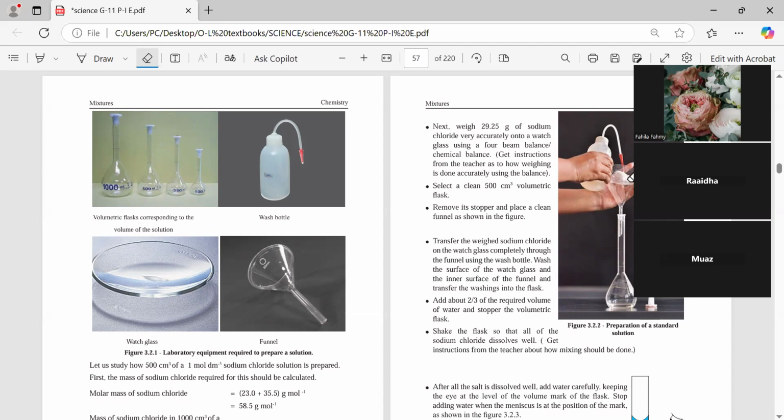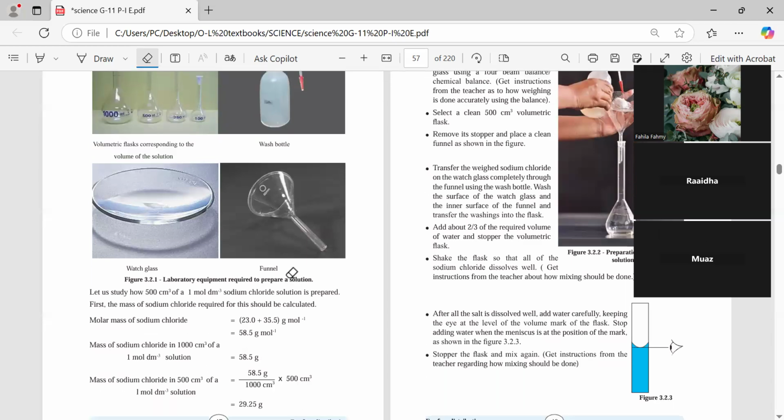When we are adding the particular powder, maybe sodium chloride, you're supposed to wash it with the solution you are filling it up with, or else small tiny particles will tend to remain on the dish. You don't want that to happen. So that's why we use the wash bottles, right?